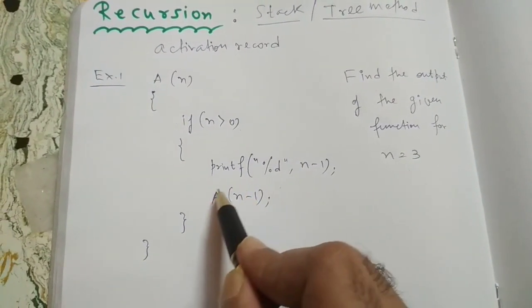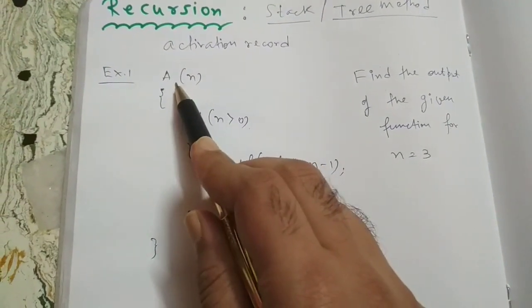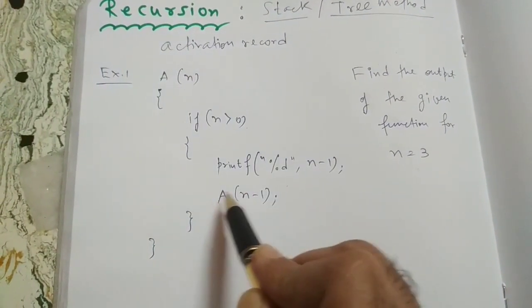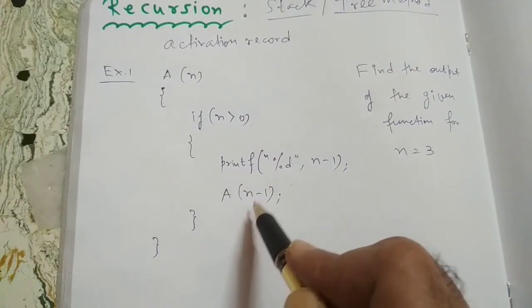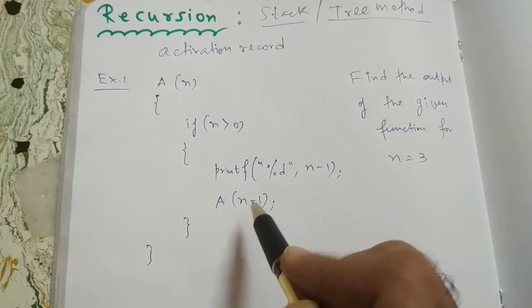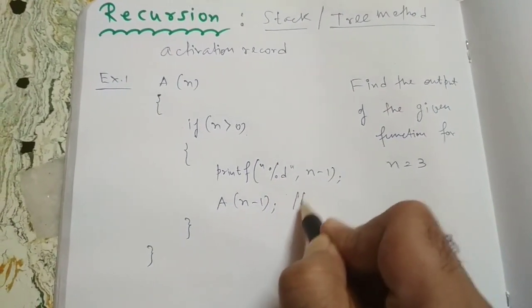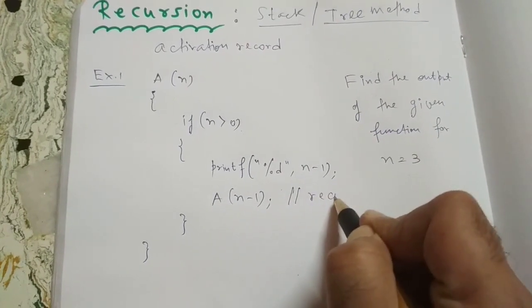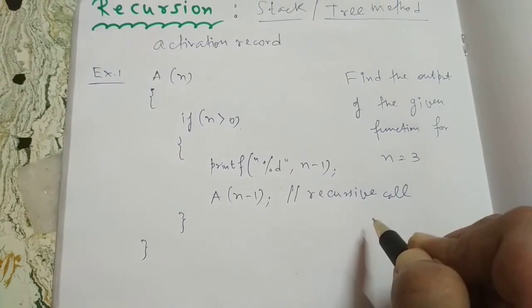Here you can see that the function a is being called inside the function a itself. So a function is calling itself, and this is known as recursion. This is the recursive call.